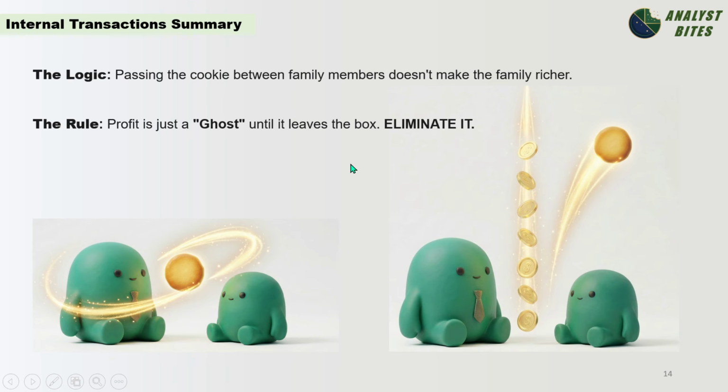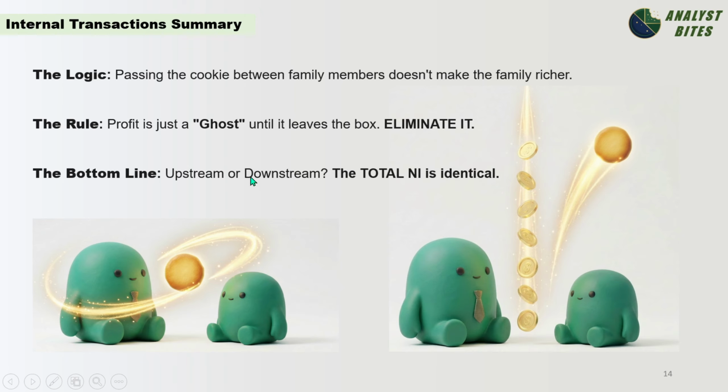One final takeaway. Whether it's upstream or downstream, the distribution of profit might change, but the impact on the group's total net income is exactly the same. And with that, we've covered all the core concepts of internal transactions.